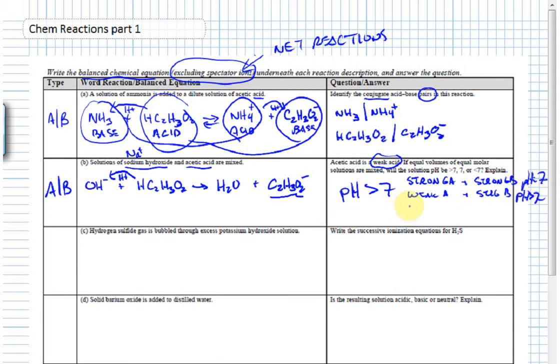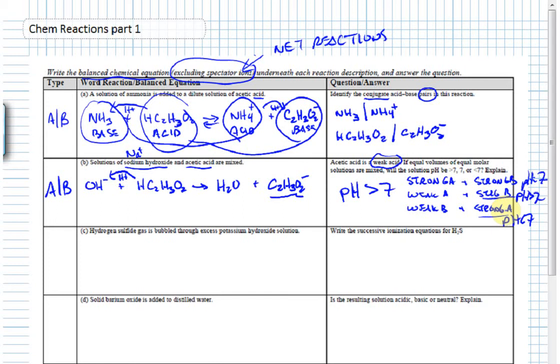And then finally, if we have a weak base being titrated by a strong acid, the pH is going to be less than 7. So if we've got strong and strong, that's a true neutralization. If we have weak acid, strong base, we tend towards the strong base side. The ending point is going to be pH greater than 7. Finally, if we have a weak base and a strong acid, the equivalence point pH is going to be less than 7. Okay? We'll talk more about that later.